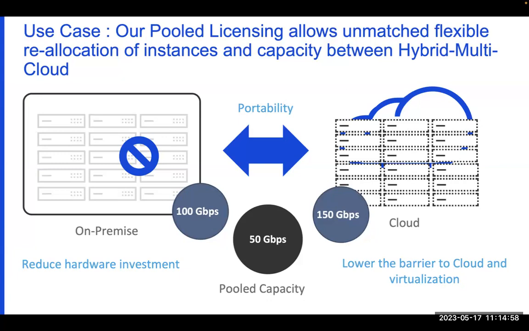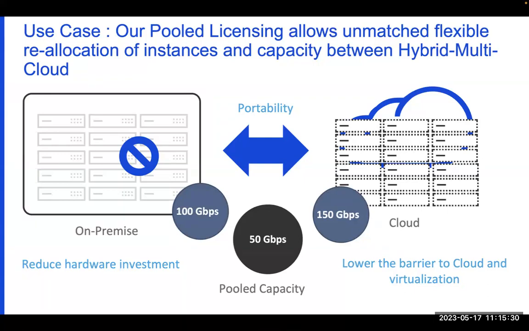When we proposed pool capacity, the customer immediately saw the value, because with pool capacity, this customer can use the ADM pool capacity and adjust the licenses, onboarding the VPX instance licenses as well as the VPS capacity licenses, and gradually move those instances to the cloud as and when their workloads are migrating from on-prem to the cloud.